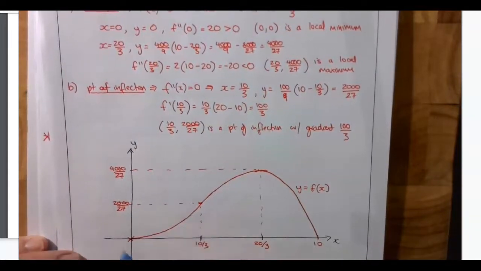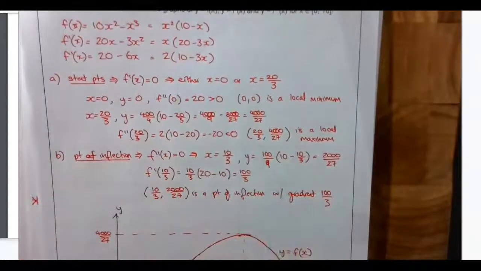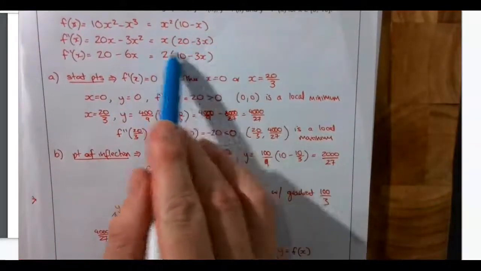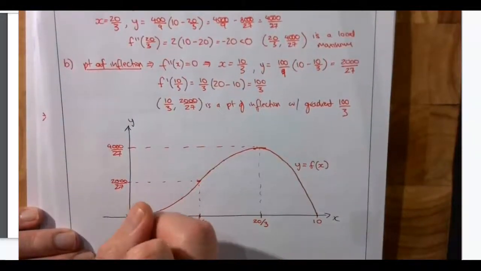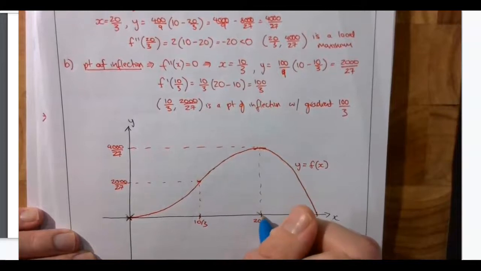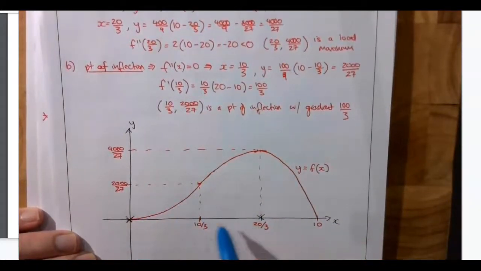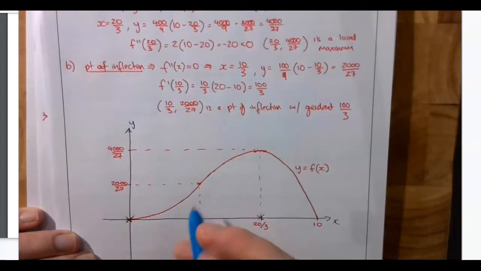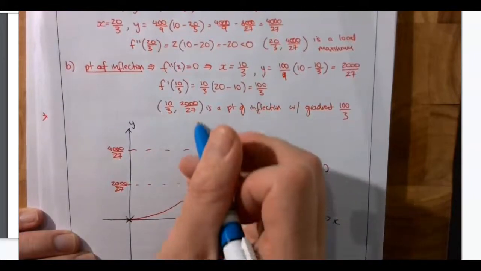So first up, my zeros. My zeros are going to be where f dash of x equals 0, in other words, at the stationary points we've had before. So my graph is going to go through 0, 0, and it's going to go through 20 over 3, which is another way, knowing my symmetry, of telling me that I'm going to have some kind of turning point at 10 over 3 here.